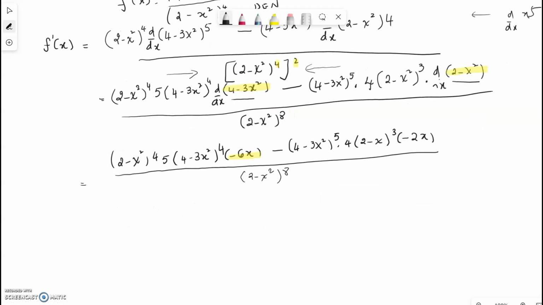Next, we simplify each expression on the left side of the negative sign and the right side of the negative, since it's a difference of two functions.